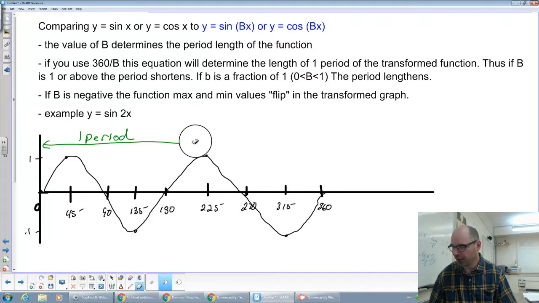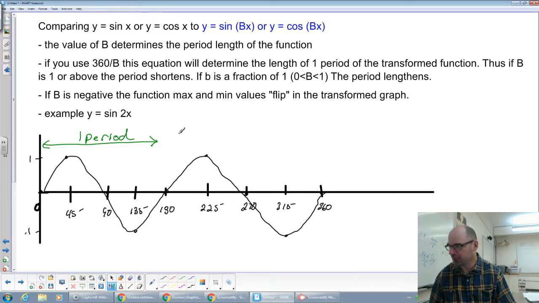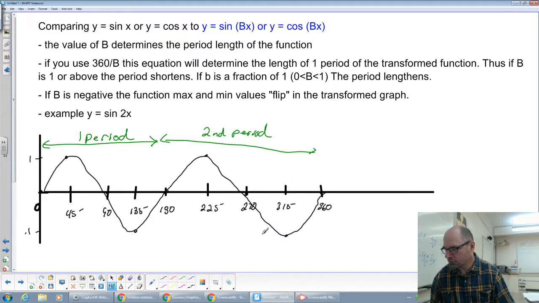It only goes to 180, right? It's got to come back to the 0. Okay, 1 period, and then 2 periods. Okay, the original one would just go, sorry, would go. Okay, so now for sure we can only do 2.